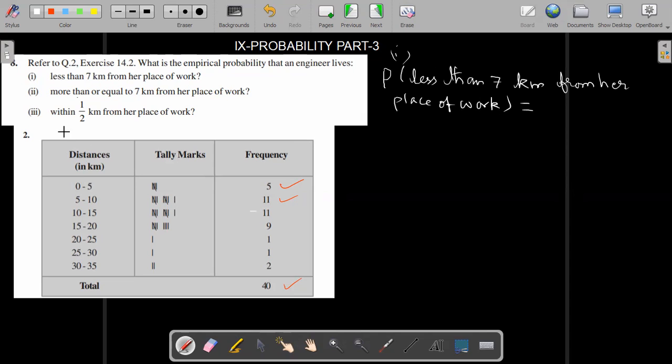So how many are less than 7 kilometers? Here 5 to 10 is given, 10 to 15.